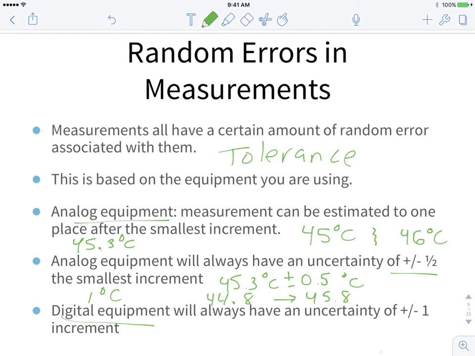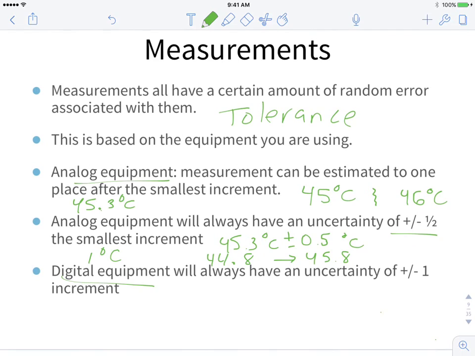Now if I have a digital piece of equipment, if I was measuring the temperature and the thermometer said that it was 45 degrees Celsius on a digital thermometer, well then at that point I would say, well, I could be either 44 or 46. So here it's plus or minus 1 degree Celsius.